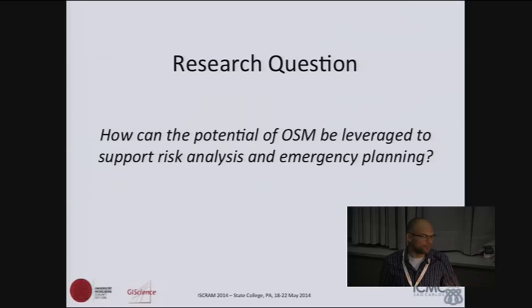We would like to make the data of OSM more useful also for the phases before the disaster strikes, which are the so-called preparedness phases. This is why we posed this research question: how can we use and improve the quality of OSM for this particular use of risk analysis and emergency planning, which, as we know, is an important challenge of our society today.